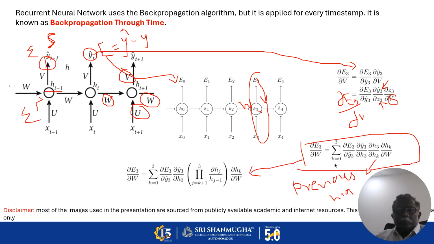So what we have is a summation term and a product term over here. The summation term is from the error of the predicted output, and the product term is in the hidden state.